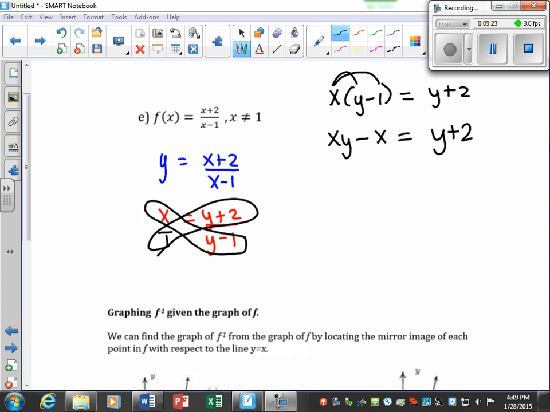Alright, so at this point, our goal is to solve for y. So I need to get all the y terms, which would mean this one and this one, all on the same side, and everything that doesn't have a y, I need to move to the other side. So I'm going to say xy, I'm going to leave this one here, and then I'm going to subtract y.